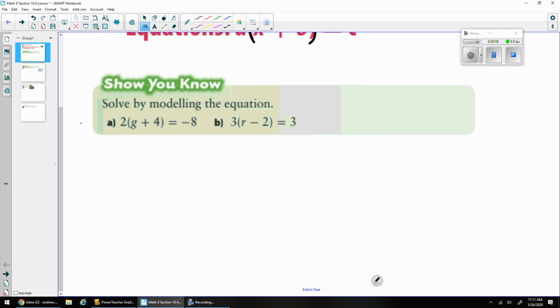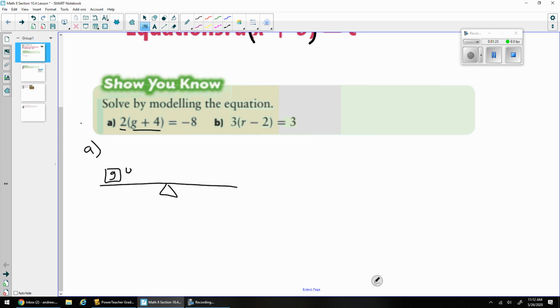So on the left side, we have 2 times g plus 4. Or we can say we have two groups of g plus 4. So for A, if I was going to draw my teeter-totter, on the one side, I have two groups of g plus 4. So g, I could show as my box.